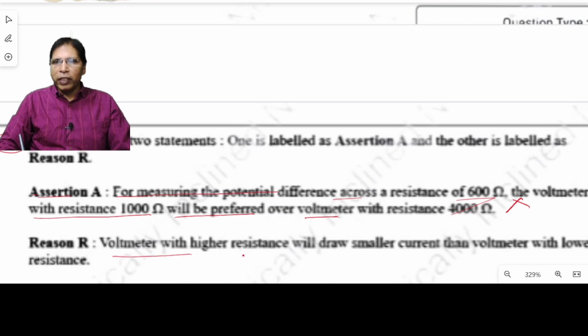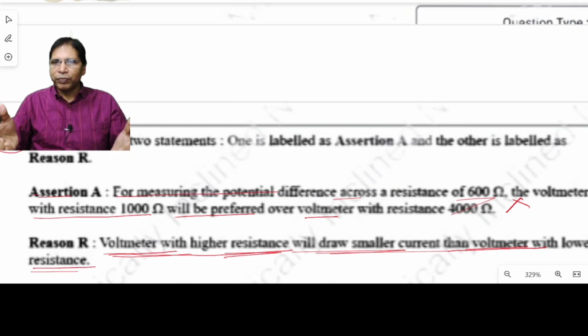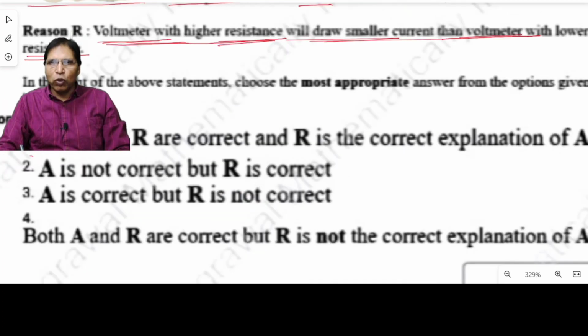The voltmeter with higher resistance draws a smaller current than the voltmeter with lower resistance. The greater the resistance of the voltmeter, the lower the current passed through it. Look at option 2: the assertion is not correct, but the reason is correct.